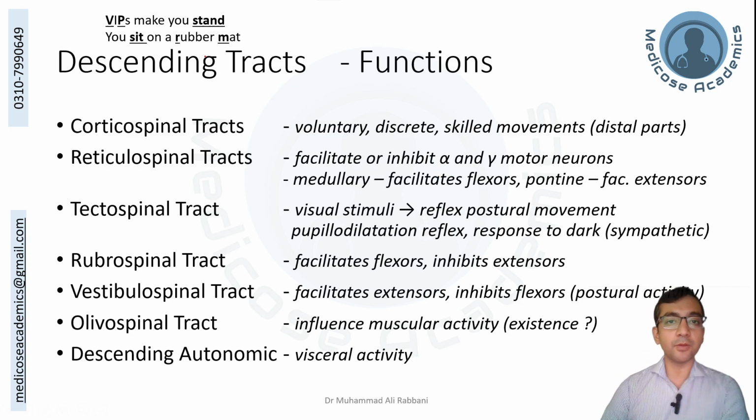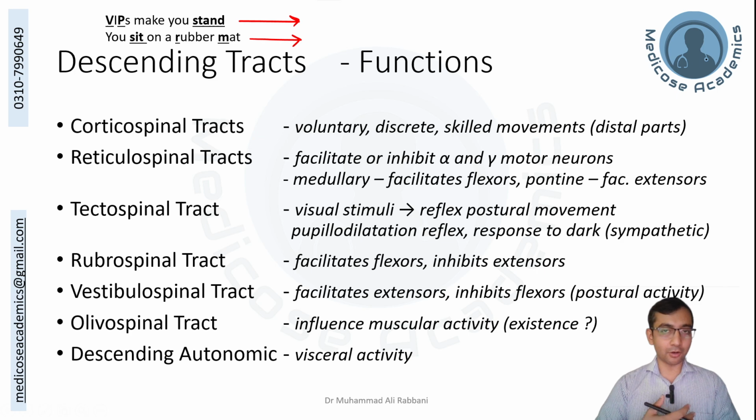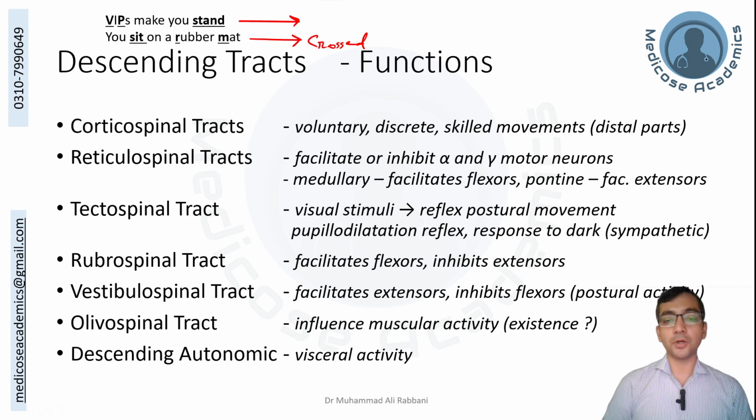And one more thing that will help you a lot: when you sit down, your legs are crossed like you sit on a carpet. So these tracts are crossed. When you stand up, your legs are straight and they are not crossing one another.